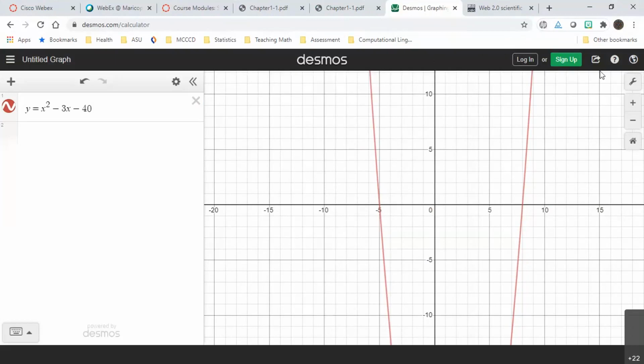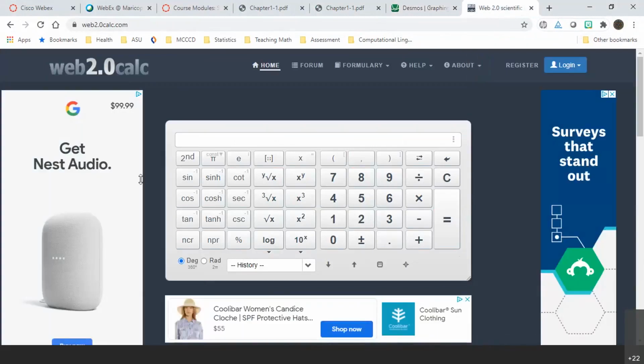I wanted to show you the Web 2.0 calculator. If I can just get my WebEx stuff out of the way, but it's not cooperating. Anyway, the Web 2.0 calculator is a scientific calculator. Unfortunately, it has lots of ads that pop up alongside.